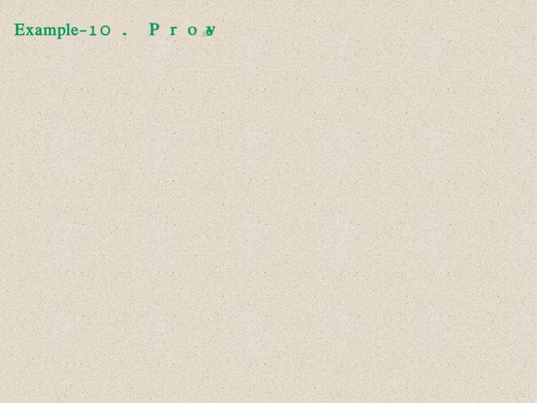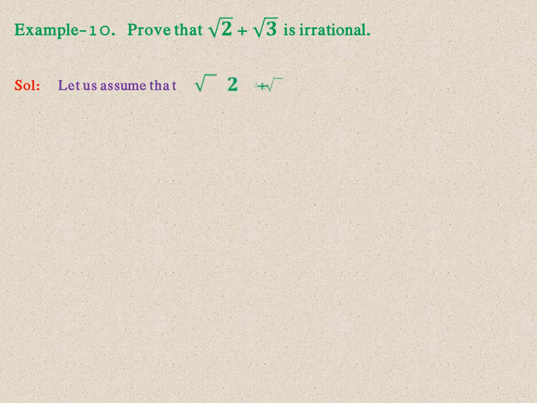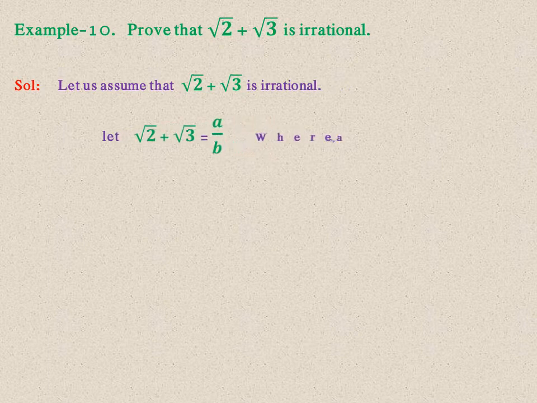So we take another example, example 10: prove that root 2 plus root 3 is irrational. So we assume that root 2 plus root 3 is a rational number, so root 2 plus root 3 equals a by b, where a and b are integers and b is not equal to 0.